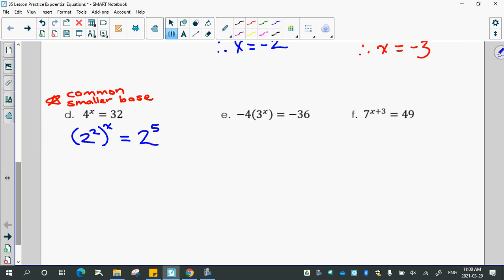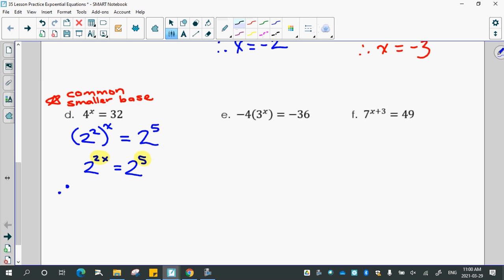So the left side isn't simplified this time. I have a power to an exponent, so I keep the base and multiply. 2 times x is 2x. So now I've got the same base on both sides, and I've simplified the exponents as much as possible.